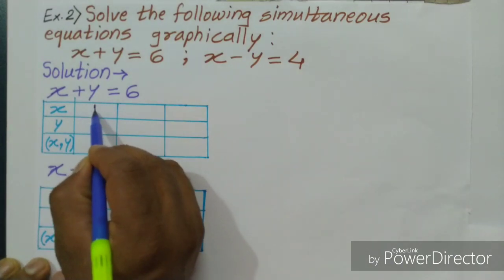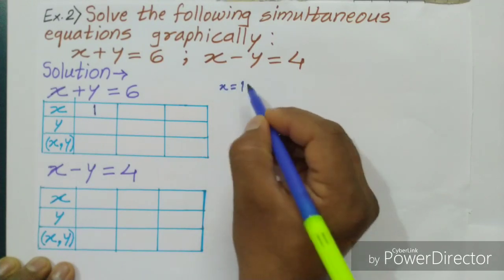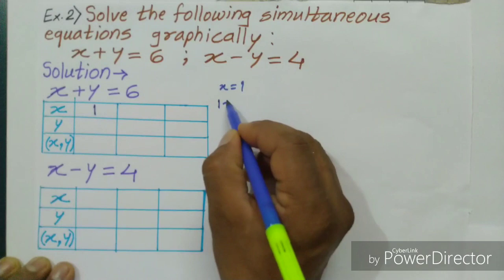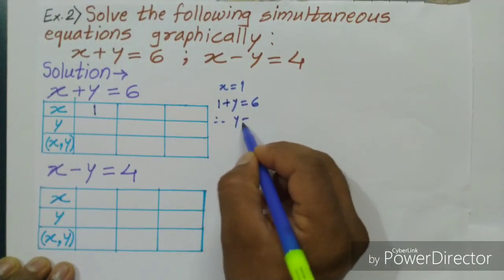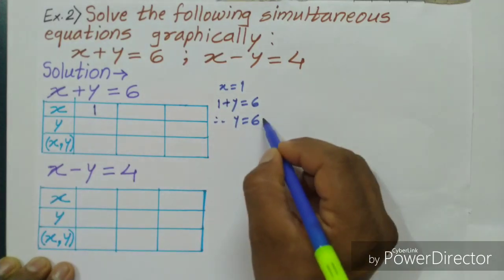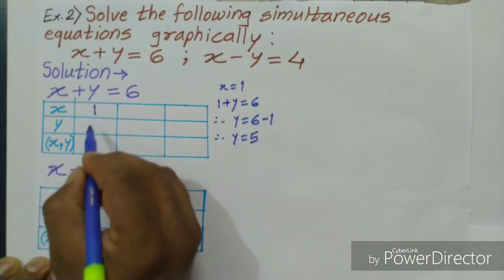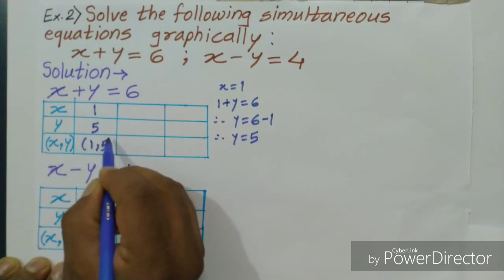For the value of x we consider 1 and find the value of y. x is equal to 1. Substitute in that equation: 1 plus y is equal to 6. Therefore y is equal to 6 minus 1. Therefore y is equal to 5. 5 we write there and the point is (1, 5).